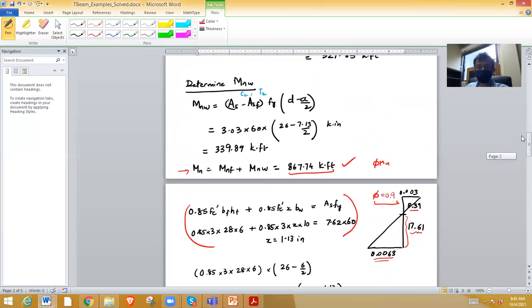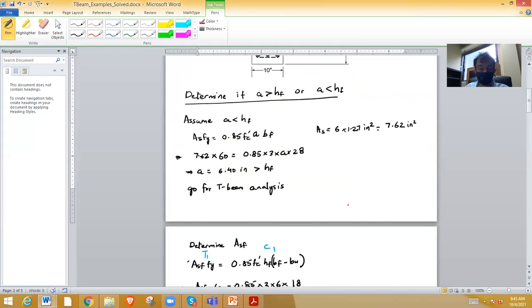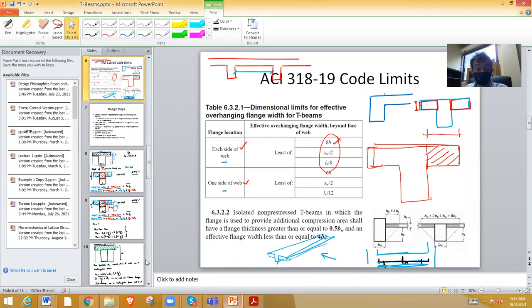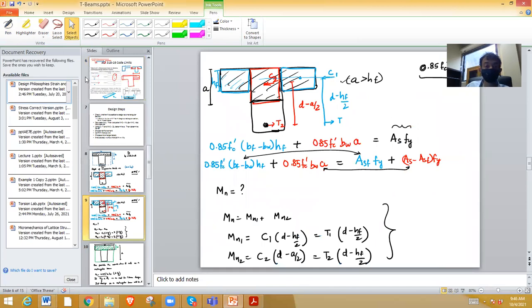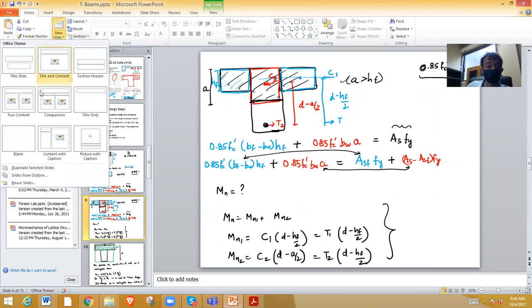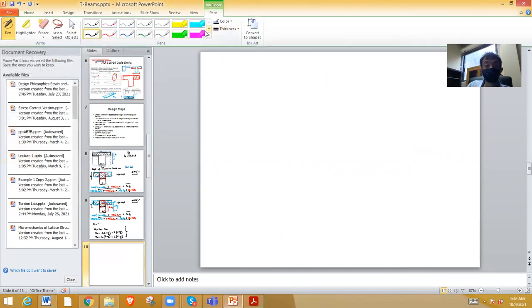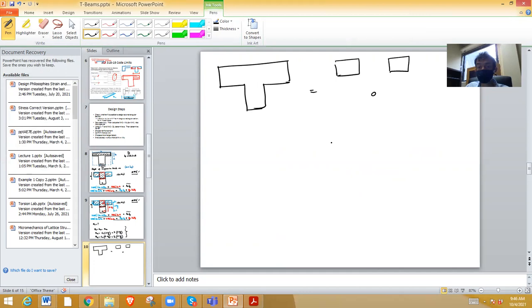Okay. Now I will mention one more thing. Let's go back to this. So we said that to analyze the T-beam, we are breaking it up like this plus this, right?